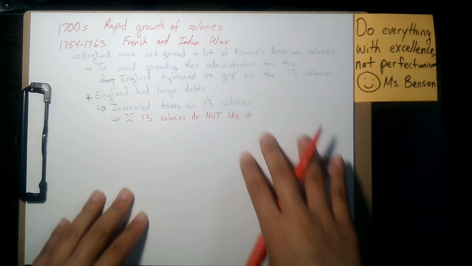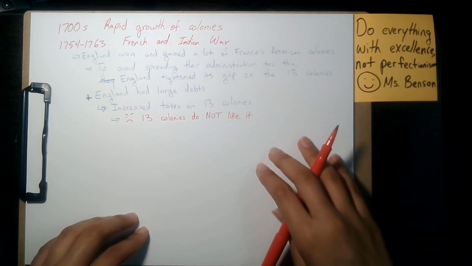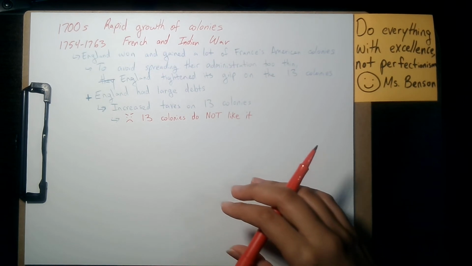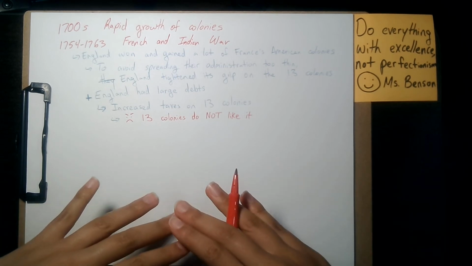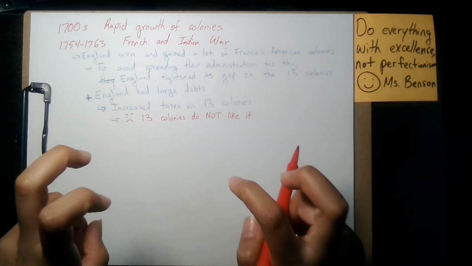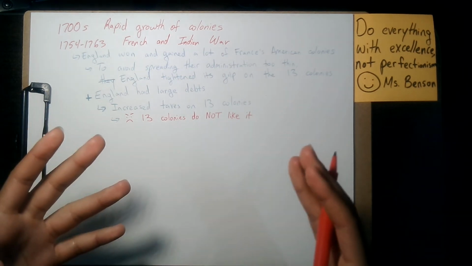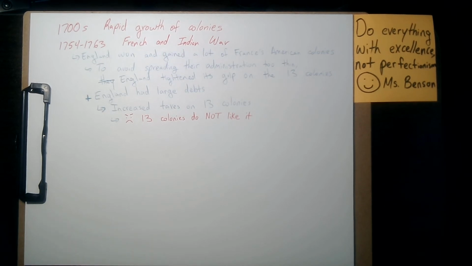Not so much administration. They had kind of started forming their own identities. So when England came and tightened its grip, it's like, whoa. It's like having a very cool mom who all of a sudden becomes stricter with you. It's going to be met with resistance by the children. Same thing with the colonies. They did not like it.